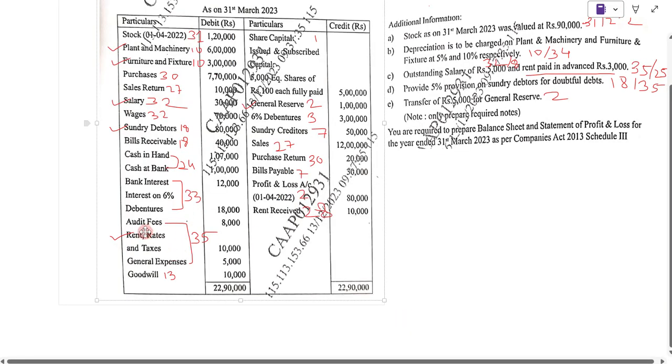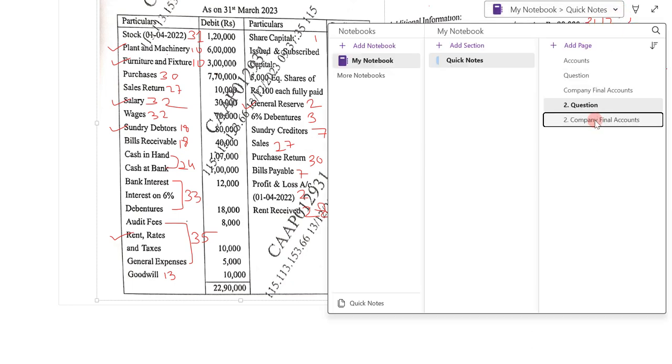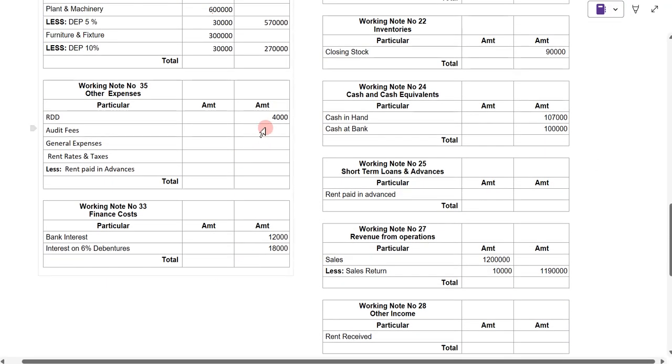Next, audit fees, rent, rate and taxes and journal expenses. All these three entries will come in note number 35. Audit fees 8,000, rent, rate and taxes 10,000, journal expenses 5,000. On rent we have an adjustment of 3,000 rupees. Note number 35, audit fees 8,000, journal expenses 5,000. Now rent, rate and taxes total is 10,000.